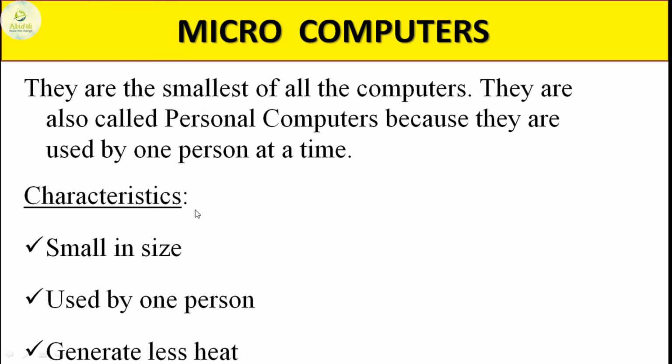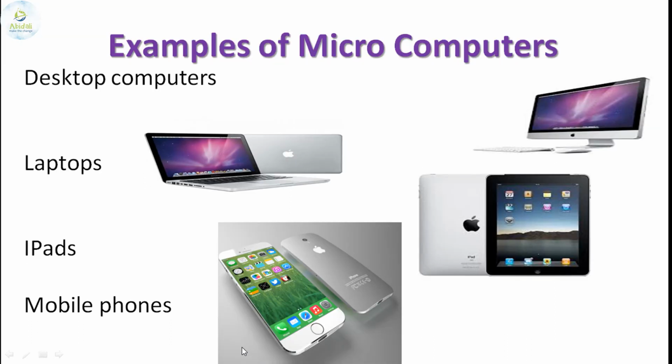Now, what are the characteristics or main hallmarks of microcomputers? They are very small in size, used by one person, meant for an individual to work, generate less heat, can fit into any room, and require no air conditioning or ventilation. Examples include desktops, laptops, iPads, and mobile phones.